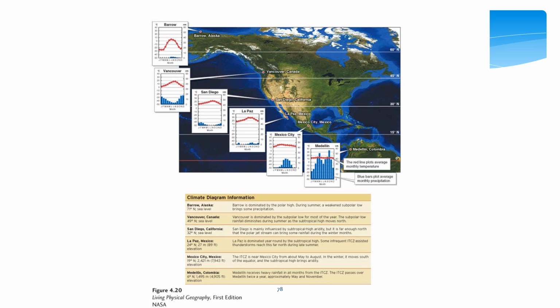Those are the bars you're seeing here in blue towards the bottom of the graph. It works the exact same way with precipitation, only the axis for this is on your y-axis on the right-hand side. That's going to give you your inches or millimeters of precipitation for each month of the year. How far the bars go up, if you've ever seen a bar chart, and I'm guessing most of you have, you know how this works. You can tell the monthly precipitation patterns for these different locations that are shown here.